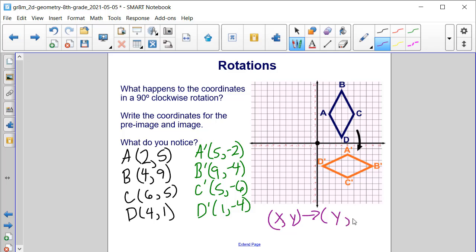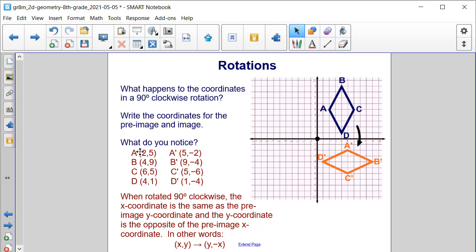So we have y and an x, and then the new y coordinate, or the original x coordinate, becomes the opposite. So our formula here is from (x, y), it goes to (y, -x), or in words, the x and y coordinates switch places with the new y coordinate being the negative of the original x coordinate.